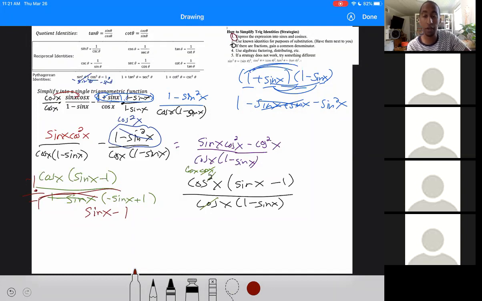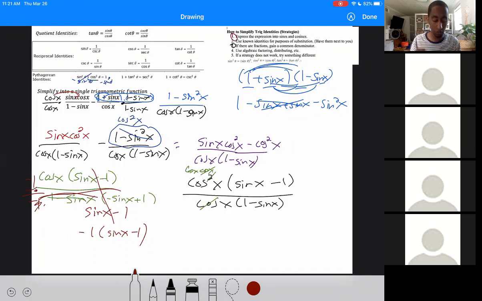Either way will work, right? If we multiply by -1, then we'll have this, and then the -1 is dealt with, and it will cross out. And you have the -1 up here. If you divide by -1, you would divide the -1 out of it. You would end up with sine of x minus 1 as well. And then that -1 would just have to be put up top when you divide it. So either way would work.